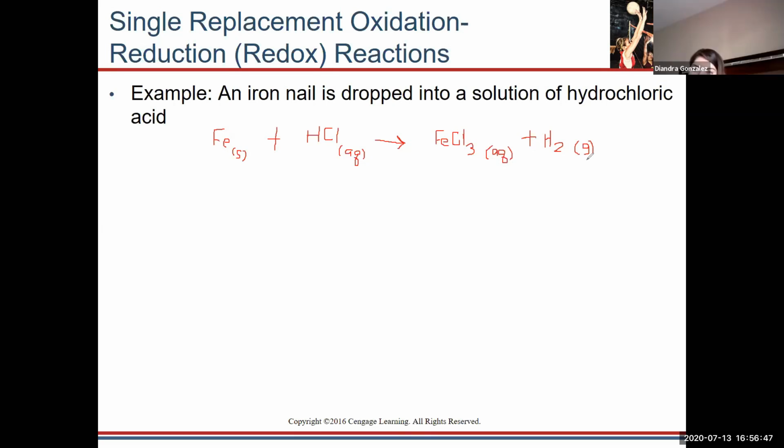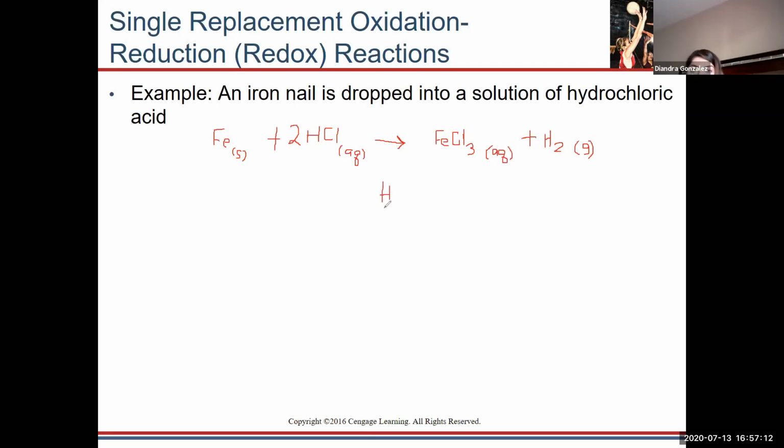Okay, is it balanced? No. So what do I need to do to balance it? That has H2, so would you add a 2 in front of HCl? Was that balanced?